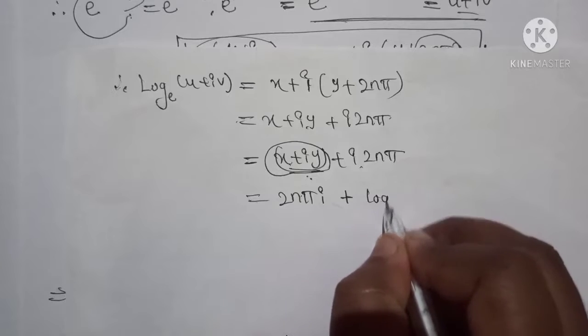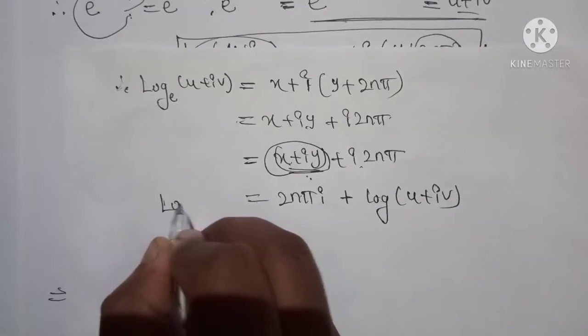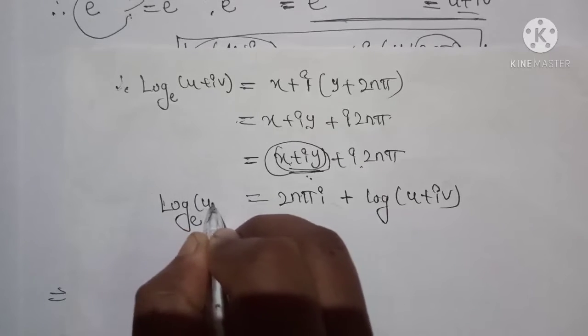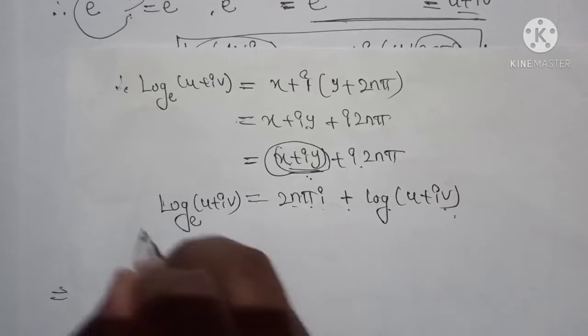So therefore the general value is equal to 2n pi i plus log of u plus iv.